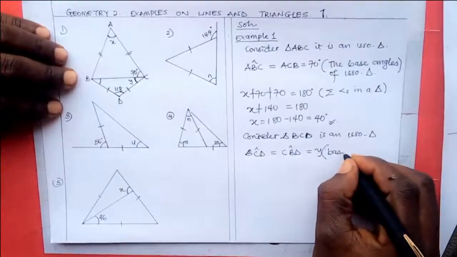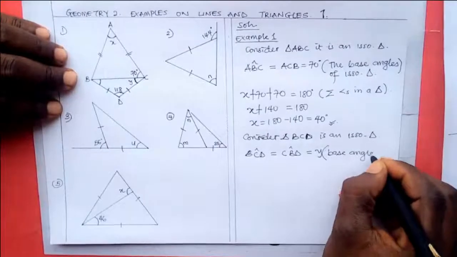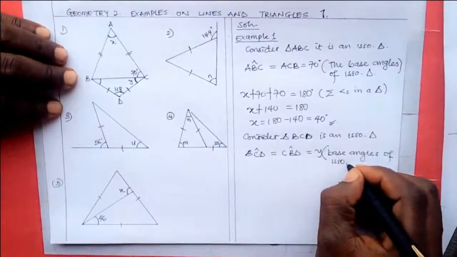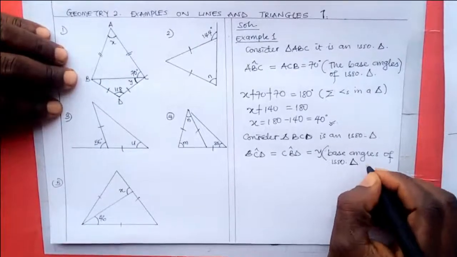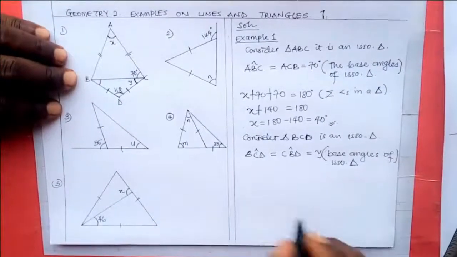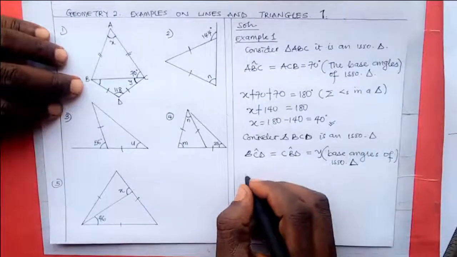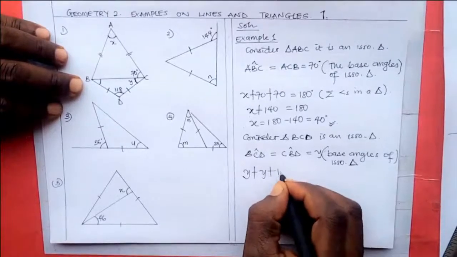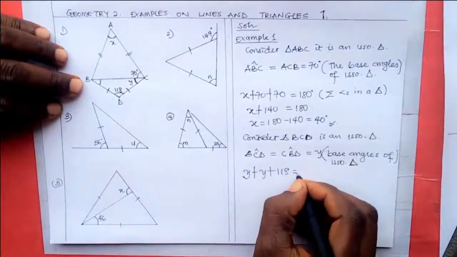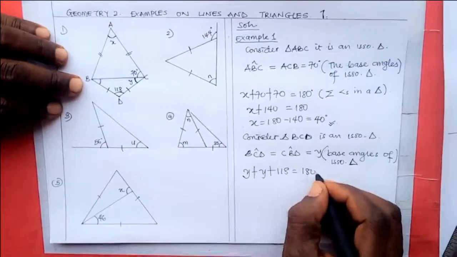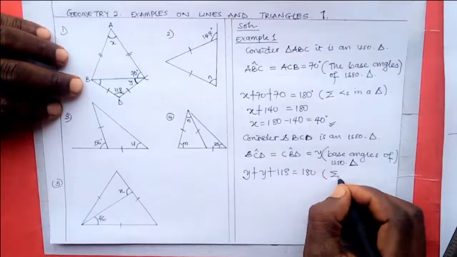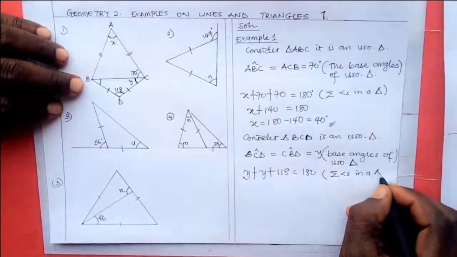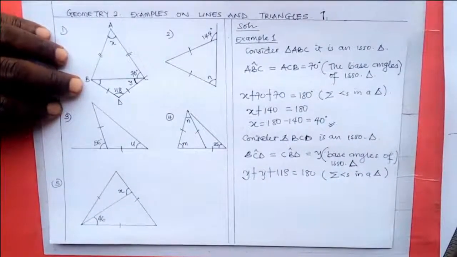Base angles of isosceles triangle are equal. So if they are equal, then I have y plus y plus 118 is equal to 180 degrees. Why? Summation of angles in a triangle is 180 degrees.